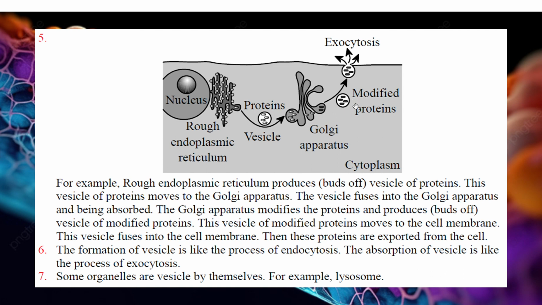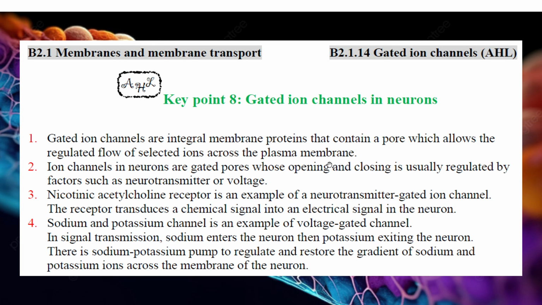Then the mature protein is released as a vesicle again, and the vesicle goes to the cell membrane and bursts out. Exocytosis. This is the process example. Of course, there are some organelles that are vesicles by themselves, for example, lysosomes.